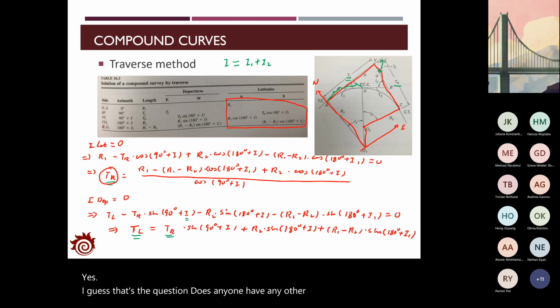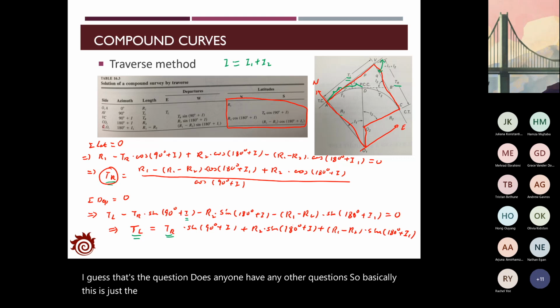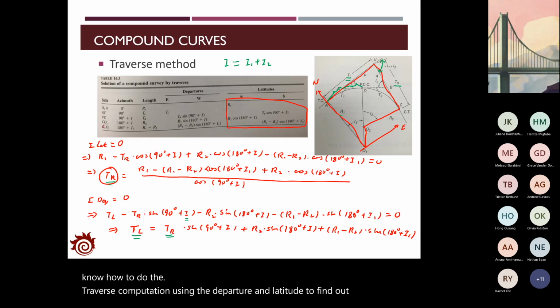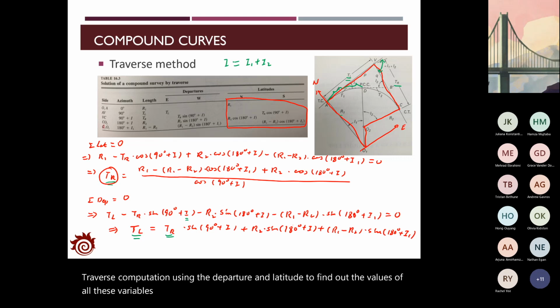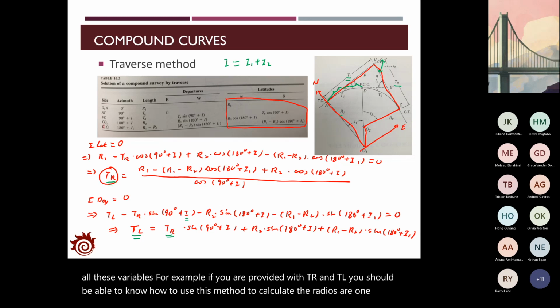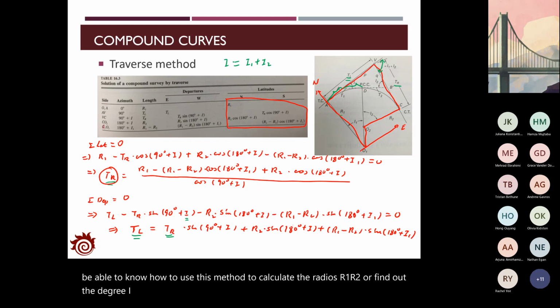So basically, this is just one implementation of the traverse method. So you have to know how to do the traverse computation using the departure and latitude to find out the values of all these variables. For example, if you are provided with TR and TL, you should be able to know how to use this method to calculate the radius R1, R2, or find out the degree I1, I2, and so on.